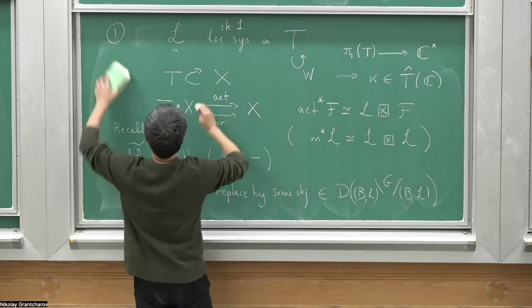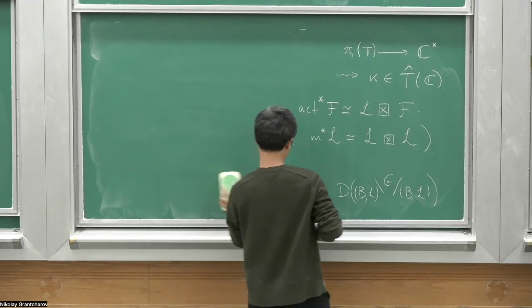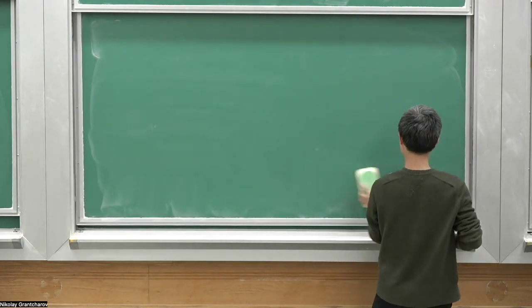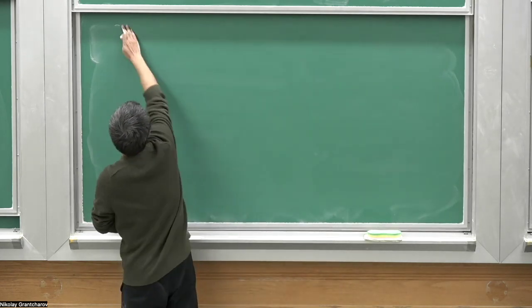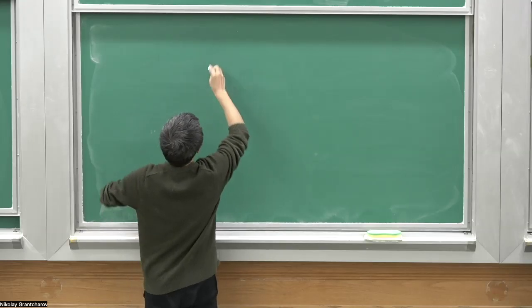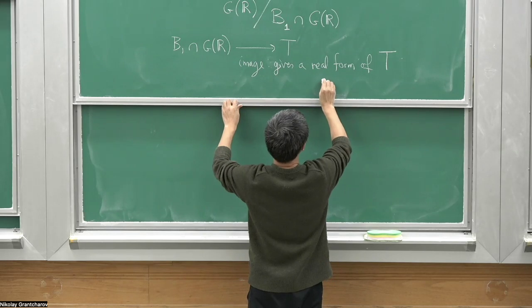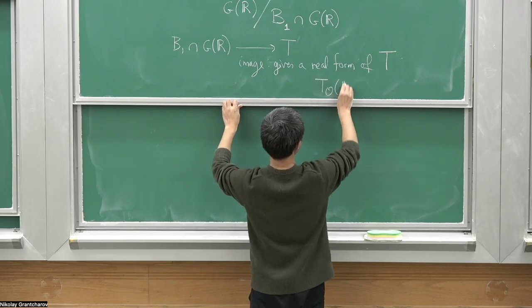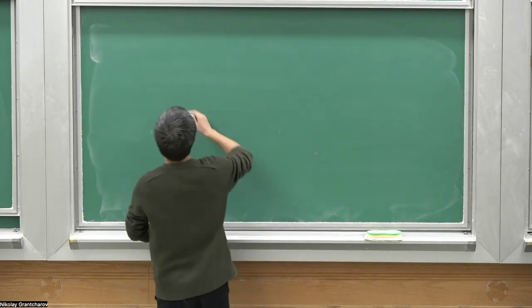So the formula: let's call this real form real O. We can talk about real points.